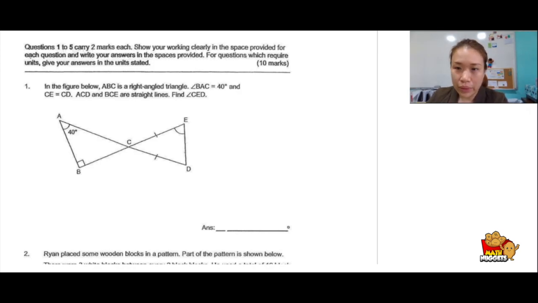So let's look at question 1, angles. We're supposed to find angle CED, which is this one. So first, we can find this angle ACB.